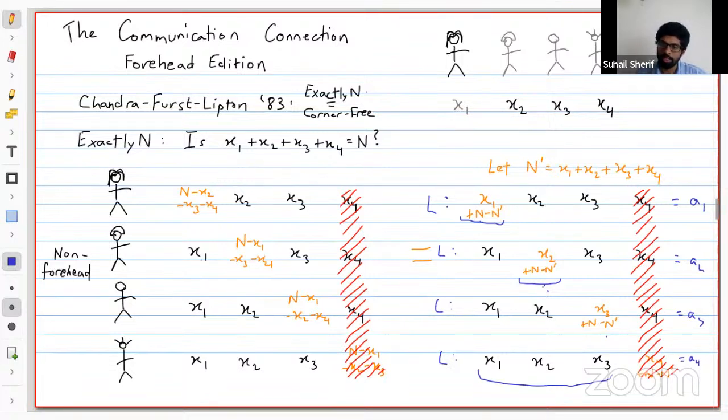If all their vectors were the same, they would all have the same integers. And if their vectors are not the same, which means that they started with a corner, then they have an arithmetic progression. So this is the communication version of corners being hardest. If you want to solve this problem for corners, you can solve it by a reduction to arithmetic progressions. So solving for arithmetic progressions is easier than solving for corners.